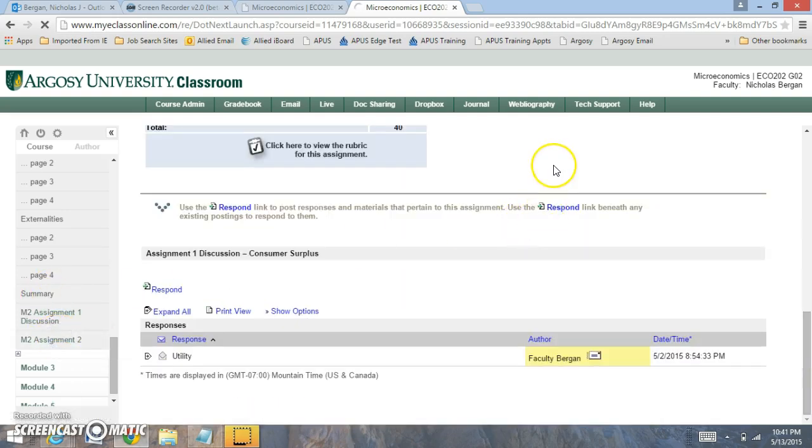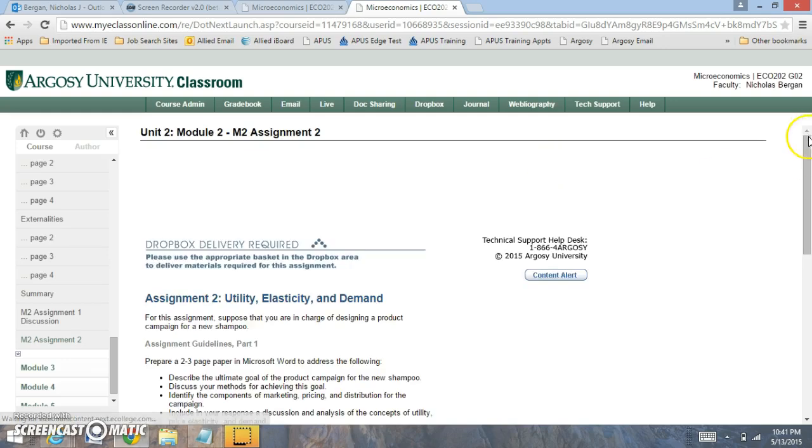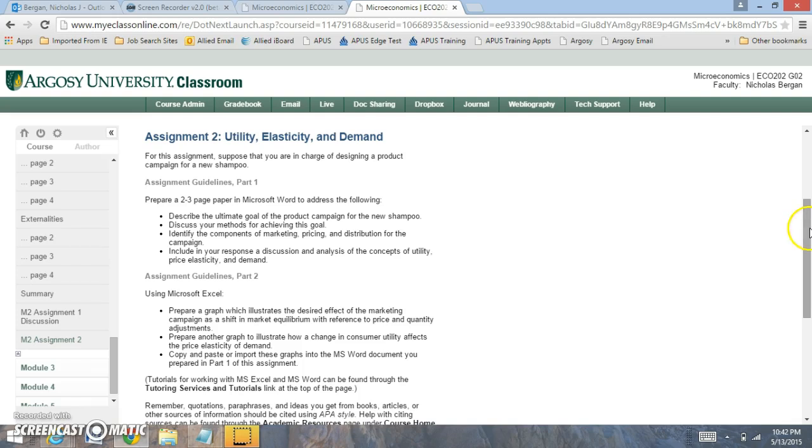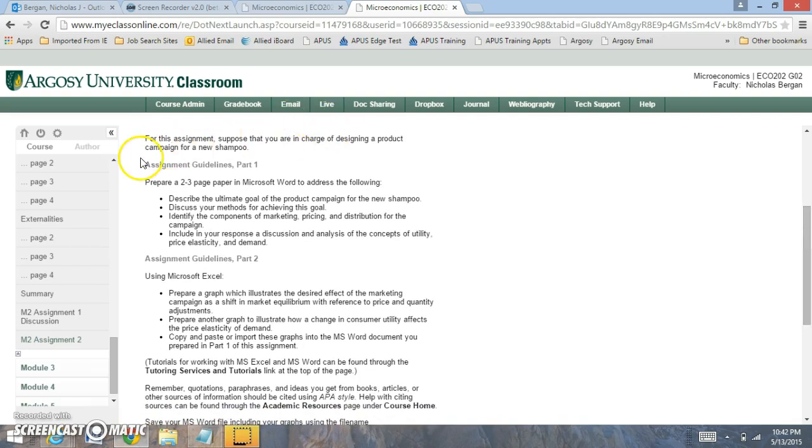Now, for assignment 2, you're going to be looking at a marketing campaign, and you're going to be submitting one document. You'll submit just a one Word document, and you're going to copy and paste your Excel document into your work.